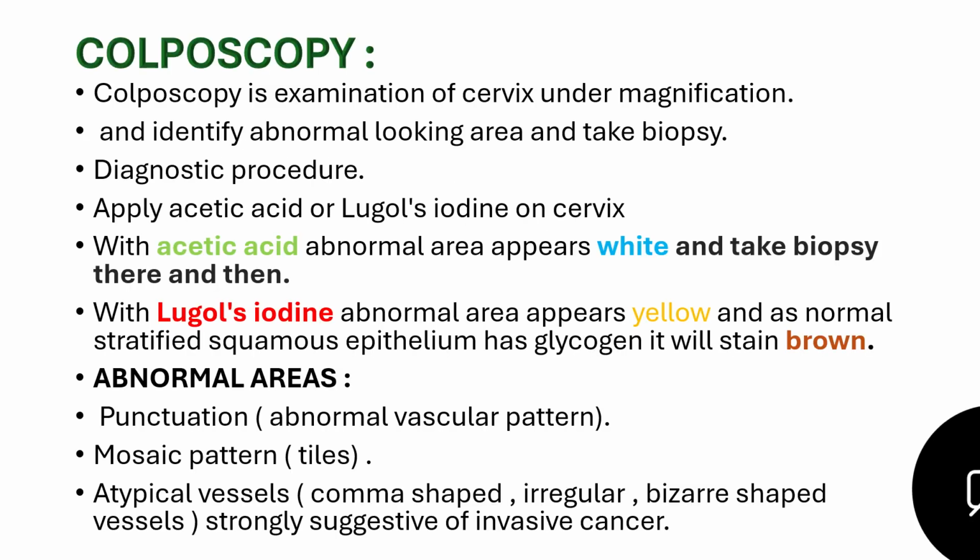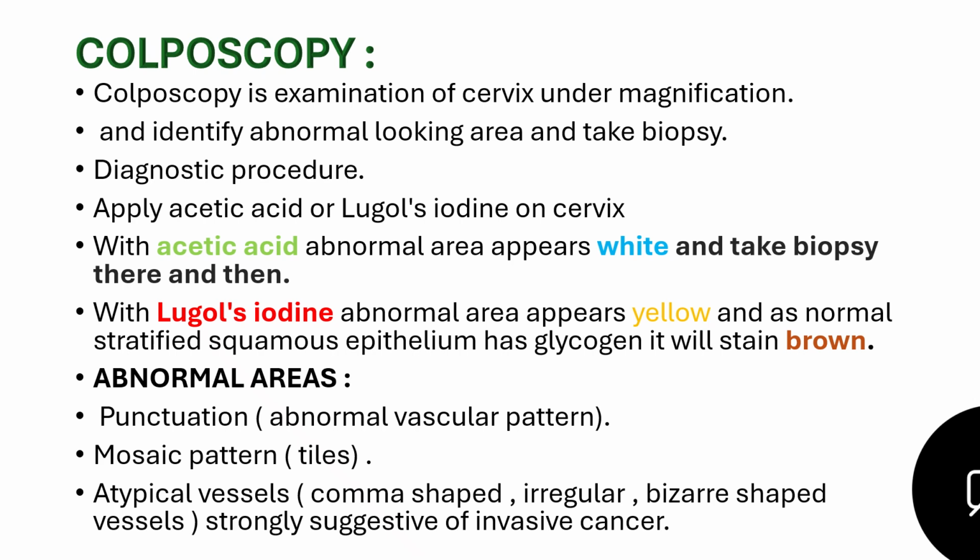So what is colposcopy? Colposcopy is the examination of the cervix under magnification. In this, the vulva and vagina can also be seen to identify abnormal looking areas and take a biopsy from that area for histopathology. It is a diagnostic procedure. In this, the patient is placed in the lithotomy position, like during a pap smear, and then the speculum is introduced and the cervix is visualized.